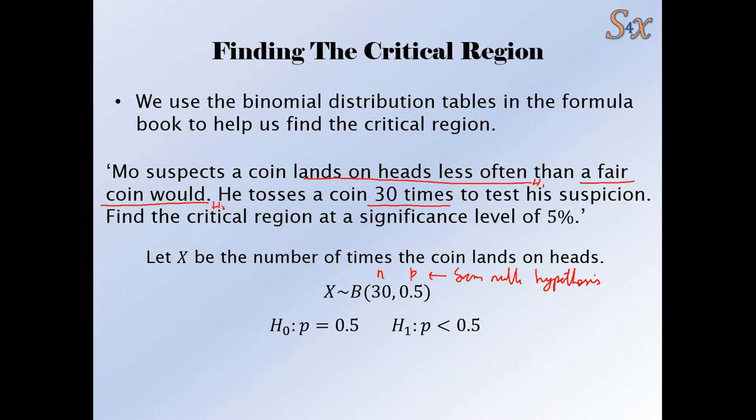So we're saying that p is actually less than 0.5, and that's our alternative hypothesis. That's the suspicion about this coin. We're then going to say whether this is a one-tailed or a two-tailed test. Notice that we've got a less than sign, so it must be one-tailed. If it had been a not equal to sign, we'd have a two-tailed test. And just make a note of the significance level from the question, and you'll always be given this in the question. It's 5%.